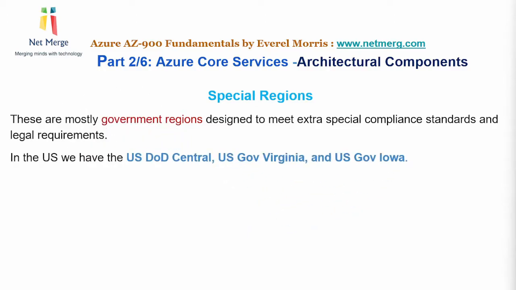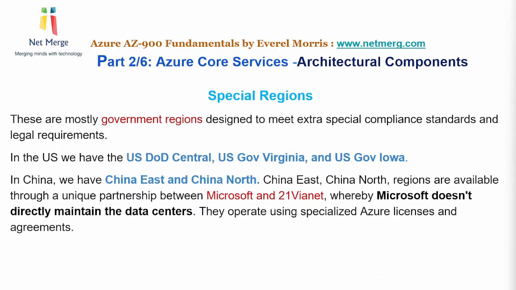I want you to understand that as well. In the US, we have such a region. It's called the U.S. government. So we have U.S. DoD Central, we have U.S. government Virginia, and we have U.S. government Iowa. So those are three special regions within the United States that are created specifically for government.